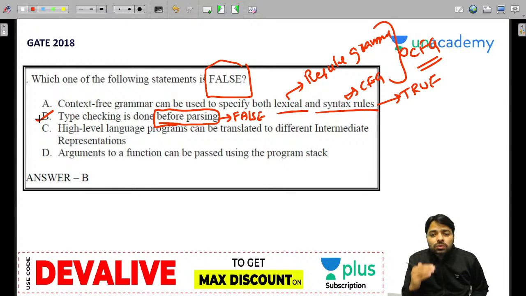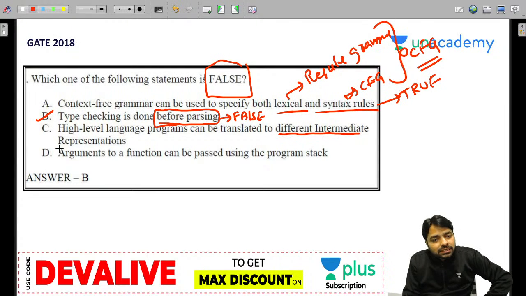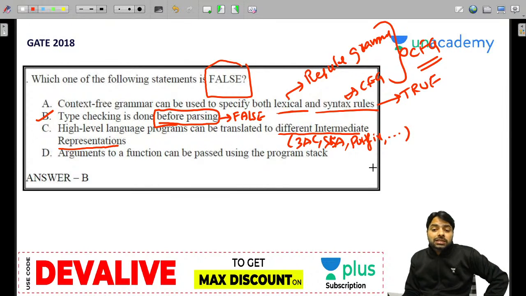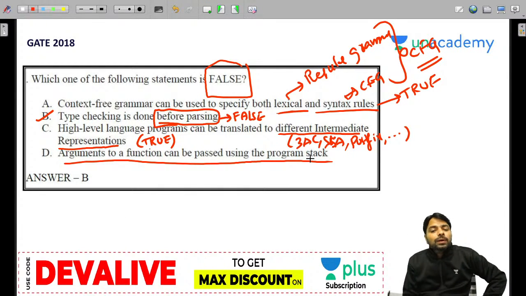But if it is MSQ, you need to look at the rest. High-level language programs can be translated into different intermediate representations. Yes, guys, like I can do 3-address code, I can do SSA code, I can do postfix code, and syntax tree. There are so many intermediate representations. Yes, it is also true. And arguments to a function can be passed using program stack.